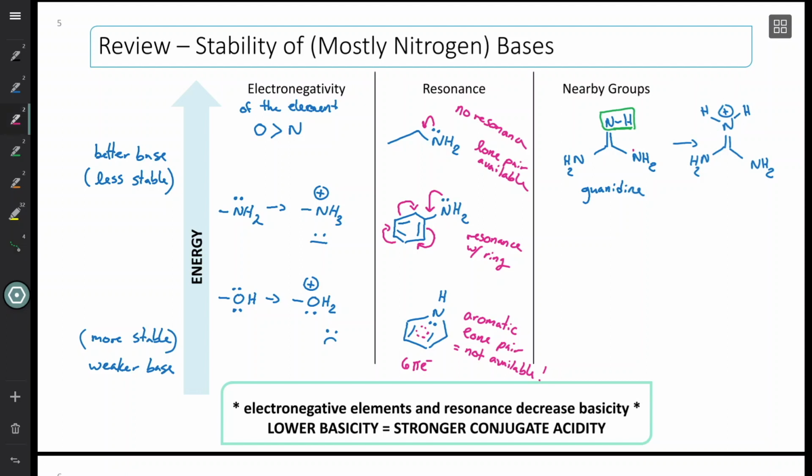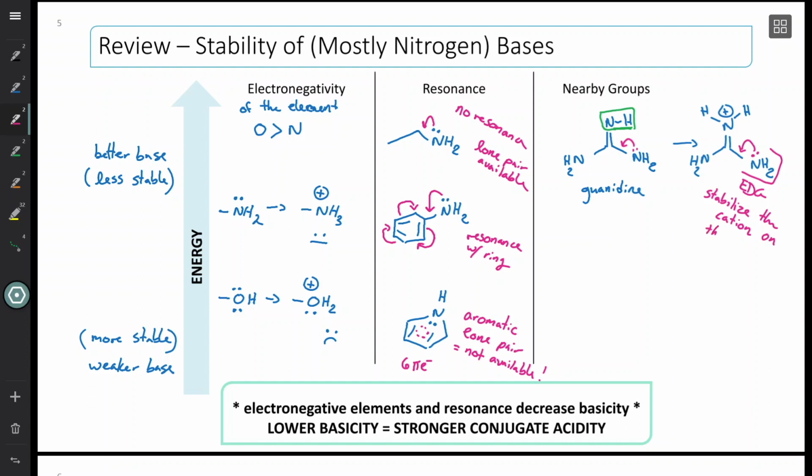But there are all of these electron donating groups here, right? These are electron donating groups, and so they're helping out that nitrogen, and they stabilize the cation, right?